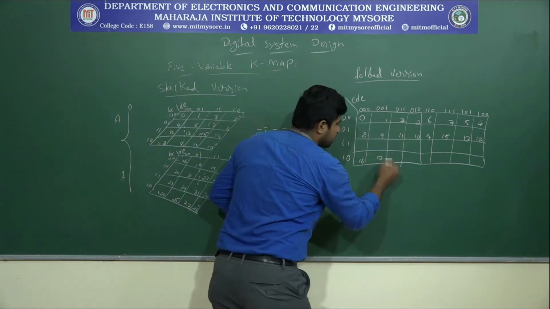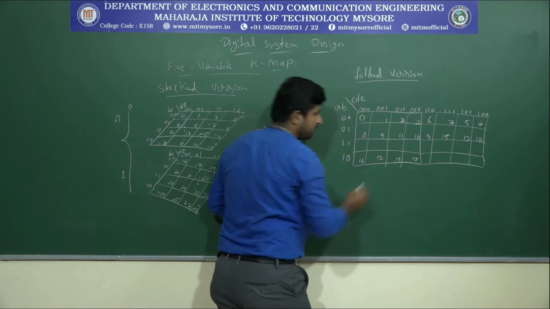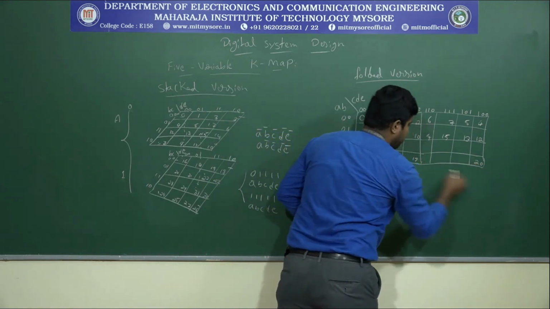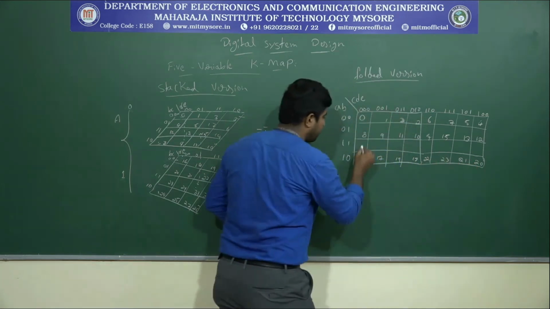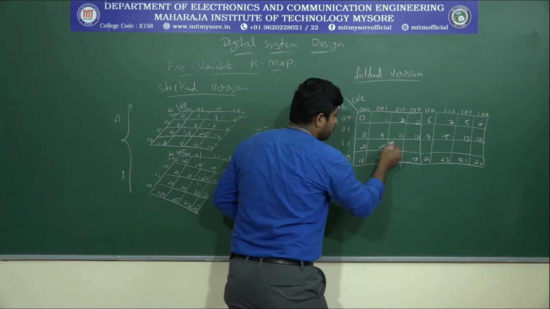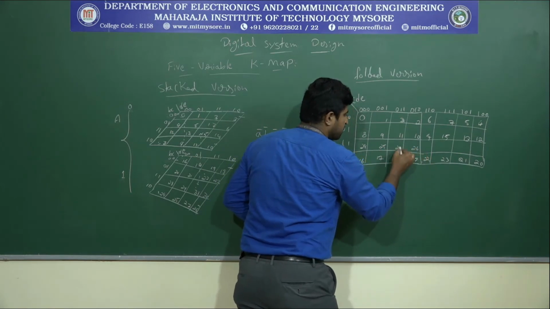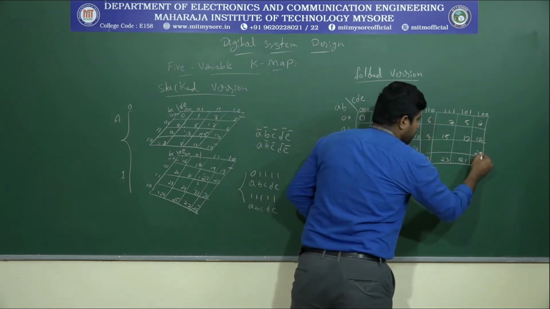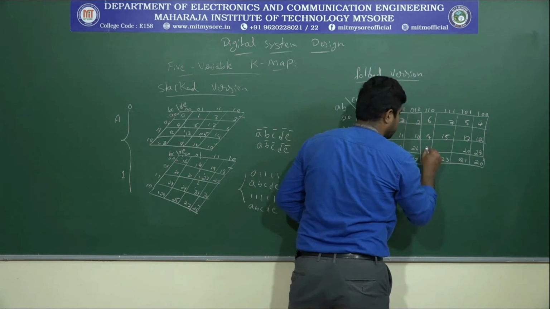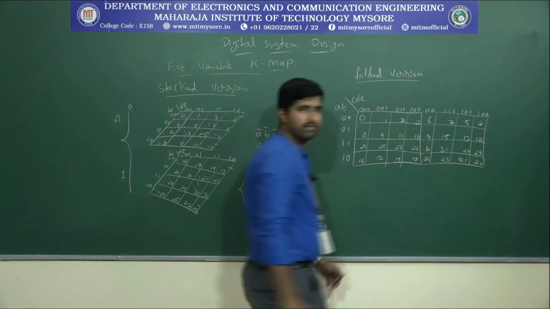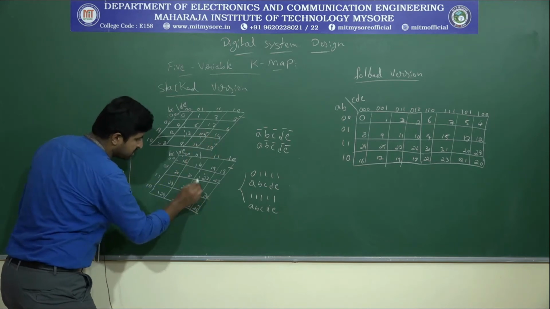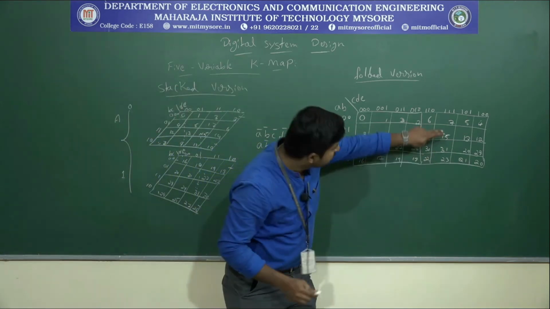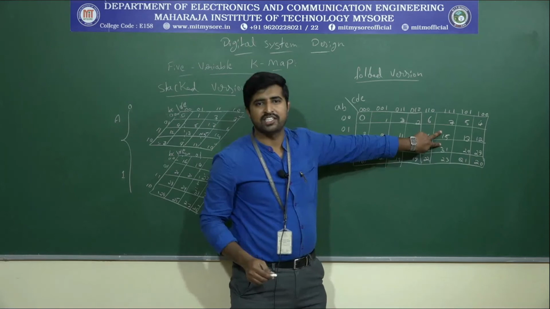Next 16, 17, 18, 19, 20, 21, 22, 23, 24, 25, 26, 27, 28, 29, 30, 31. Here 15 is adjacent to the 31. Similarly, see 15 and 31 are adjacent to each other.